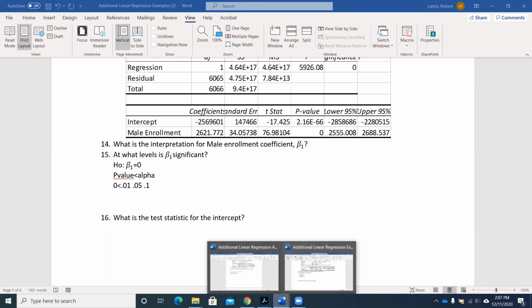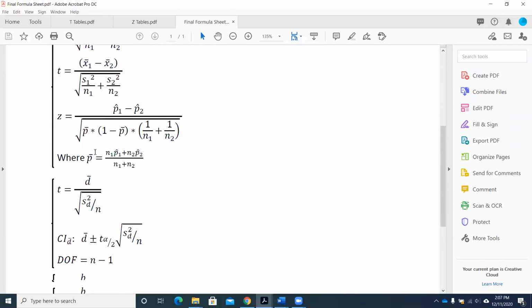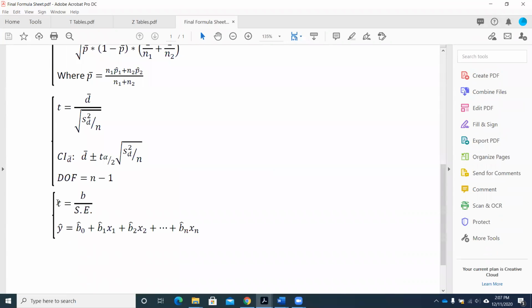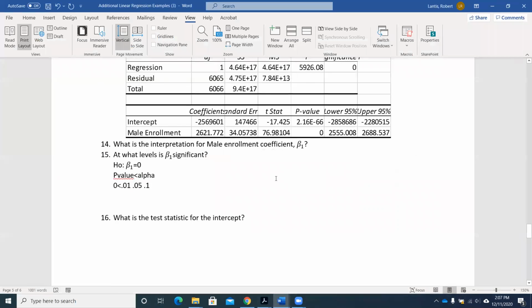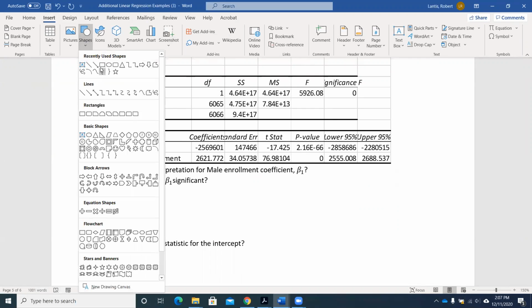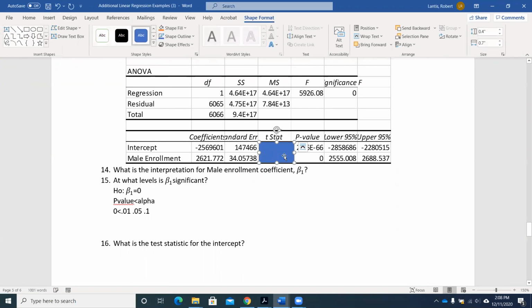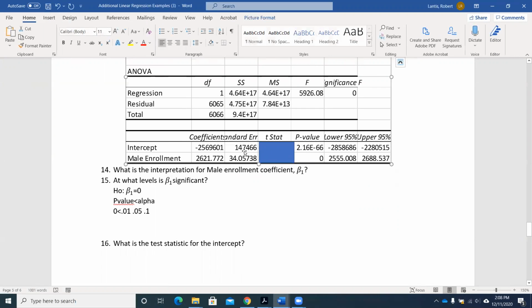If I ask you, what's the test statistic for the intercept? We've got this test statistic equation on the formula sheet for when we're looking at coefficients. All you do to get the test statistic is take that coefficient and divide it by the standard error. Even if you couldn't see that test statistic column, you could get it this way.